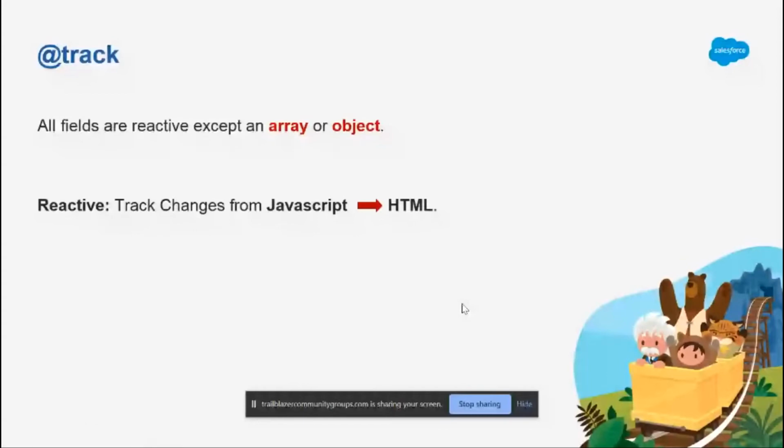Why did I use the @track decorator for the list of accounts returned? That's because it's an object, so it's not reactive. I need to make it reactive in order to track the changes made in JavaScript and reflect them on the HTML. So that's why I used the @track decorator for the accounts.